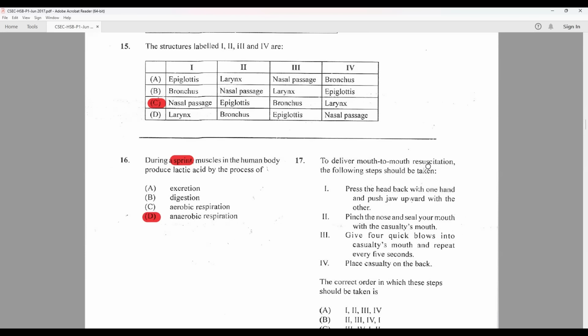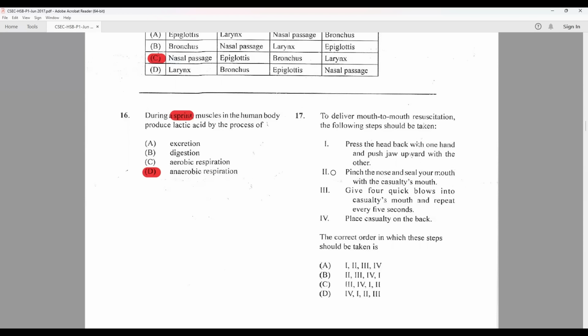To deliver mouth-to-mouth resuscitation, the following steps should be taken: 1, 2, 3, and 4, and they ask you for the correct order in which these steps should be taken. You could either order it forwards or order it backwards and then find your answer. So let's go through. 1, press the head back with one hand and push the jaw upward with the other. 2, pinch the nostril and seal your mouth with the casualty's mouth.